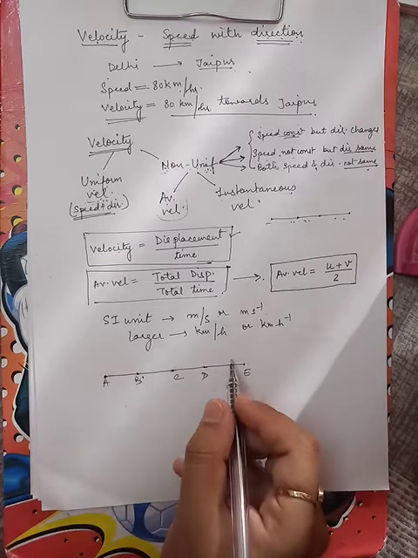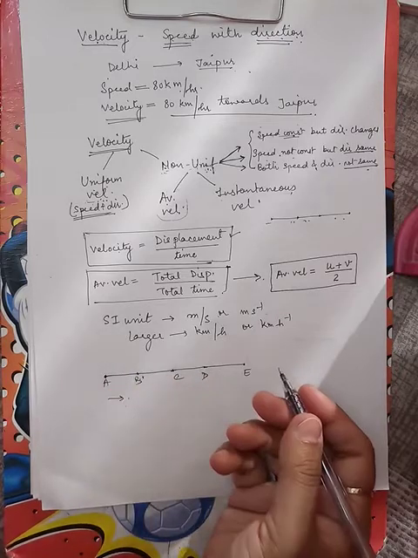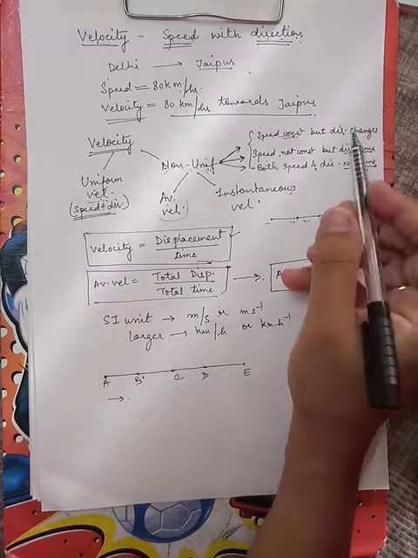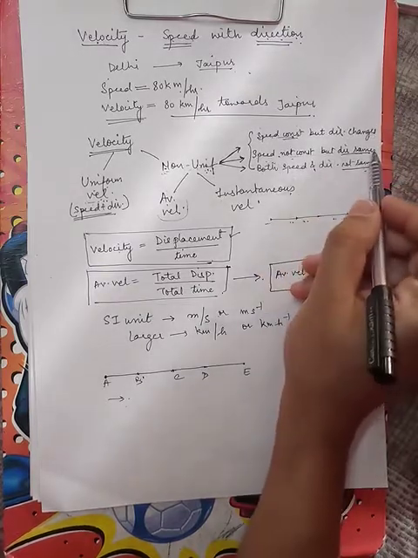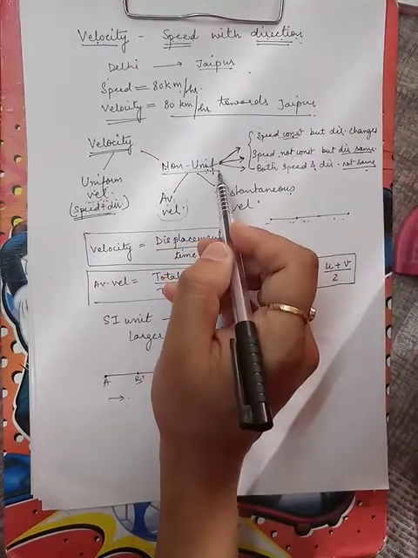The direction is same, I'm considering. In this case the direction is same, but the speed, I'm considering, is changing. That means this is the second case. Speed is not constant but the direction is same. Because of this we are getting non-uniform velocity.